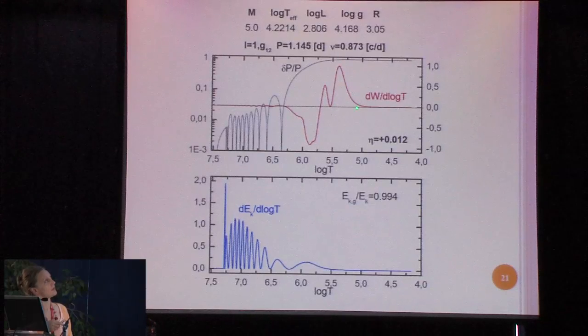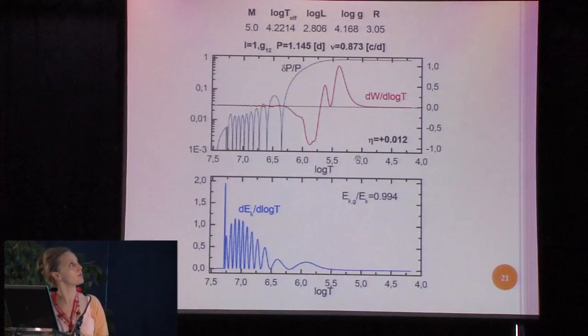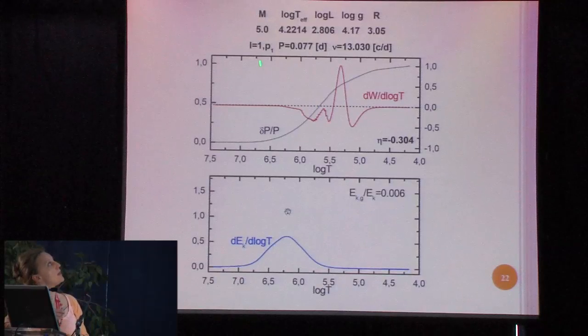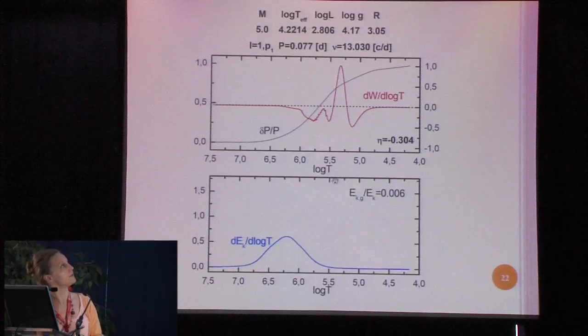This is a work integral. The mode is excited by the Z opacity bump, of course. And the L1P1 mode is damped due to the strong damping below the Z opacity bump. And this is the distribution of kinetic energy.